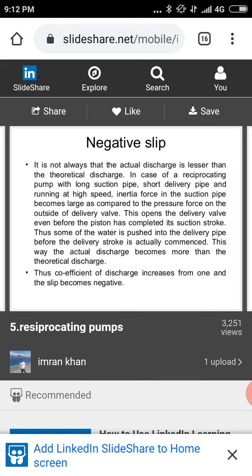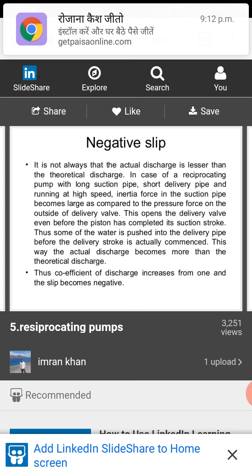Negative slip. It is not always the case that the actual discharge is lesser than the theoretical discharge. In the case of a reciprocating pump with a long suction pipe and short delivery pipe running at high speed, the inertia force in the suction pipe becomes larger as compared to the pressure force on the outside of the delivery valve.